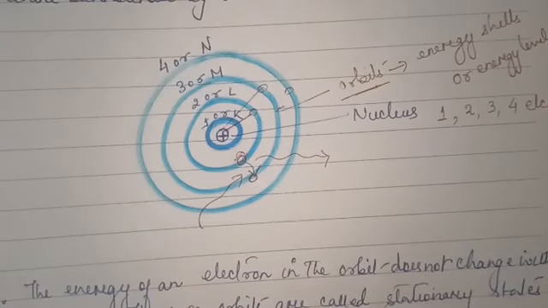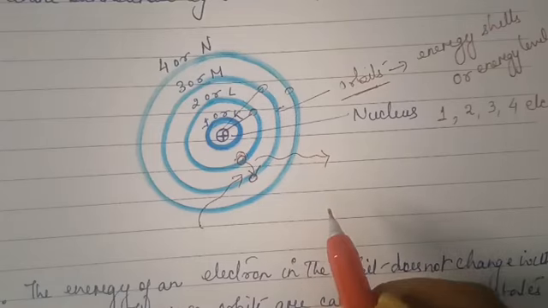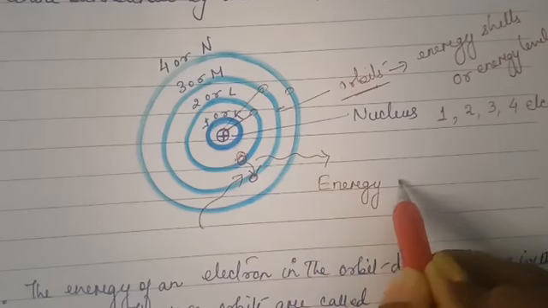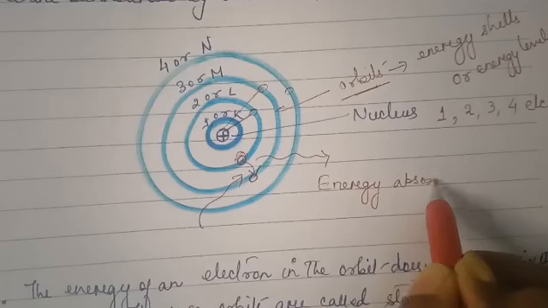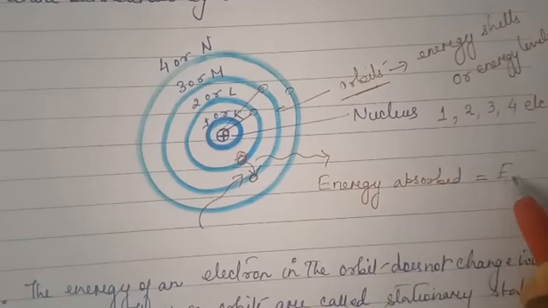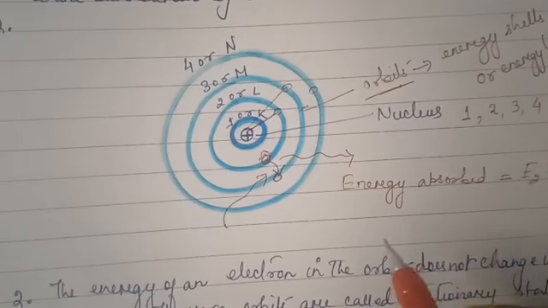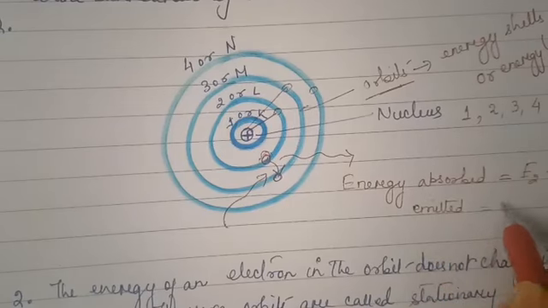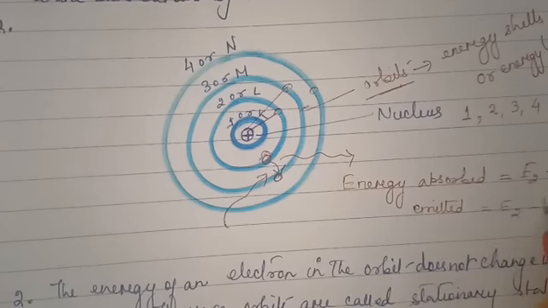These are the four basic postulates. The energy absorbed we can represent as E2 minus E1, and the energy emitted we can write as E2 minus E1.